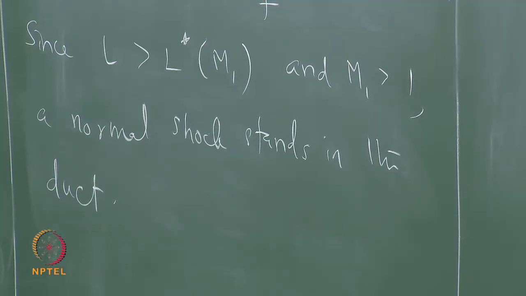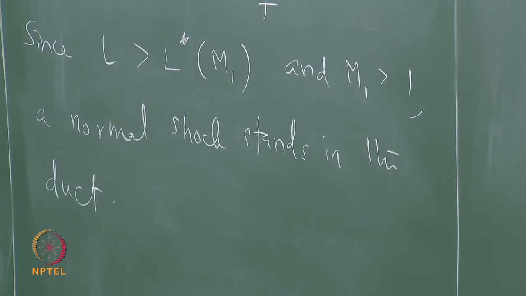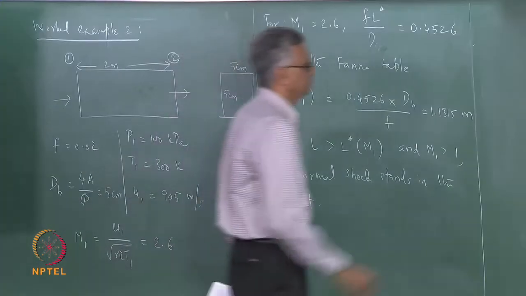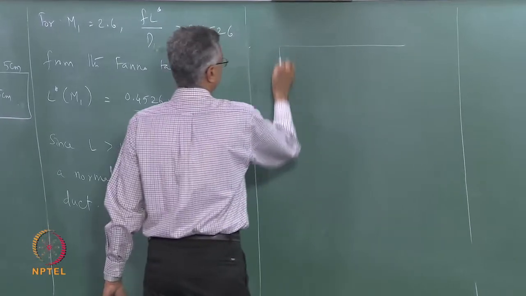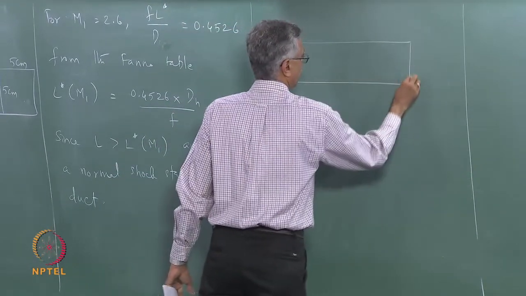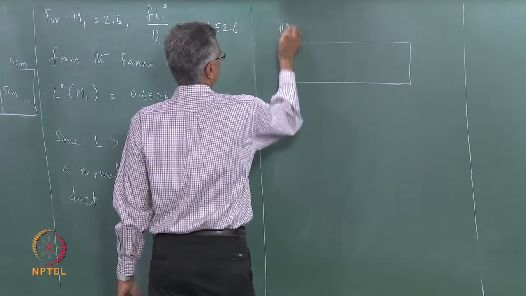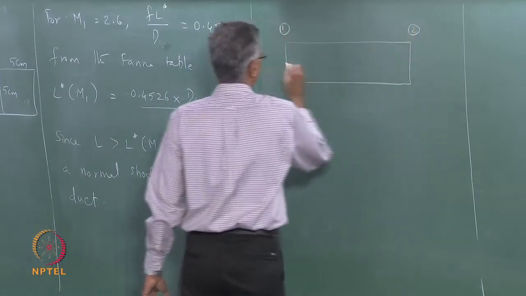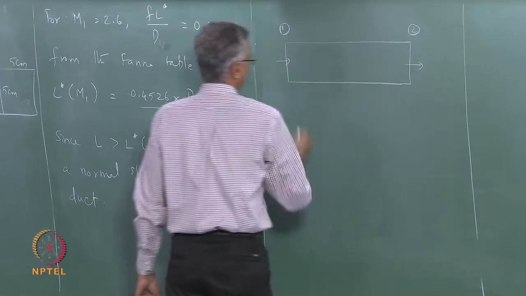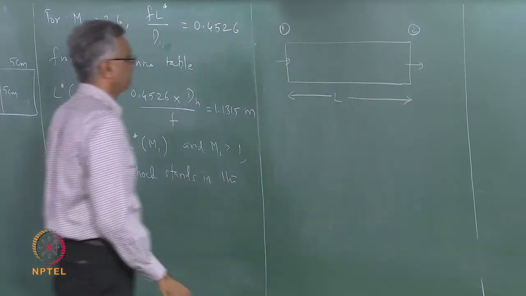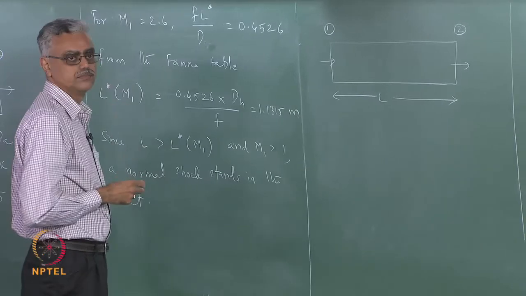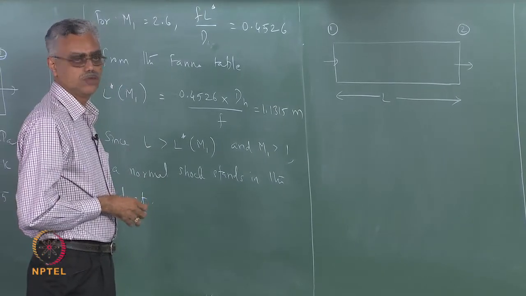Okay. We discussed this scenario in the previous class. Let us recap the scenario before we proceed with our calculations. Okay. So, we have a duct. So, this is state 1, this is state 2, this is L. Okay.